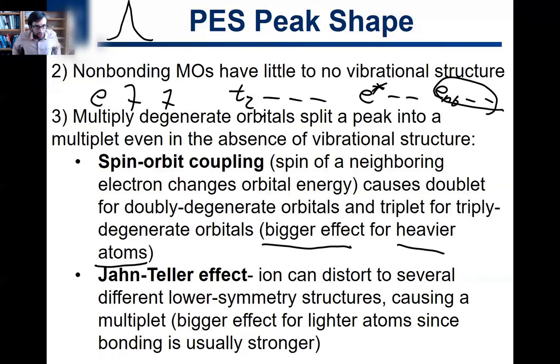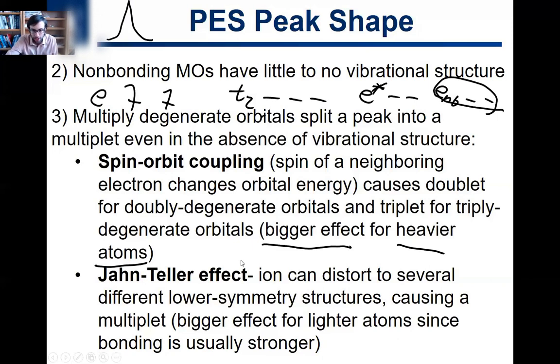And this is commonly observed in transition metal complexes. We will talk about this in chapter 7 when we get to transition metal complexes and molecular orbital theory of them. But in this context, you're having distortion of the ion. That's what we're talking about.